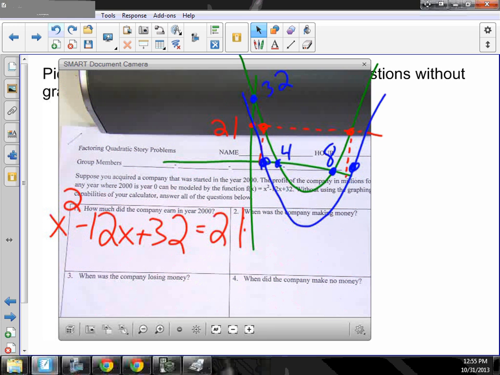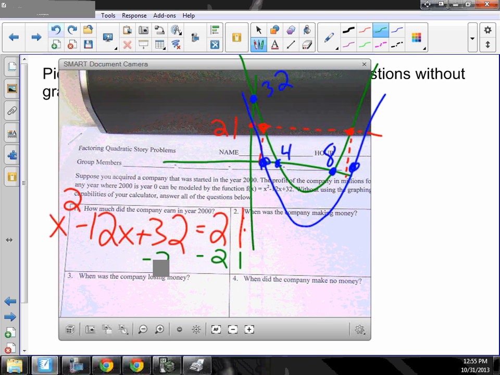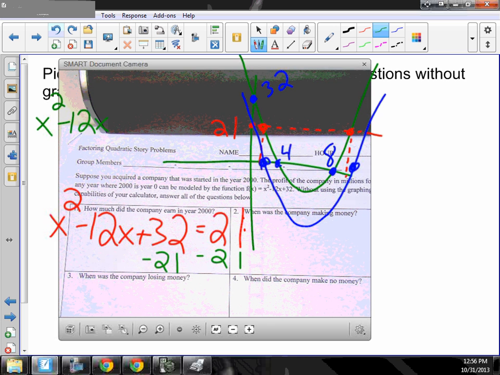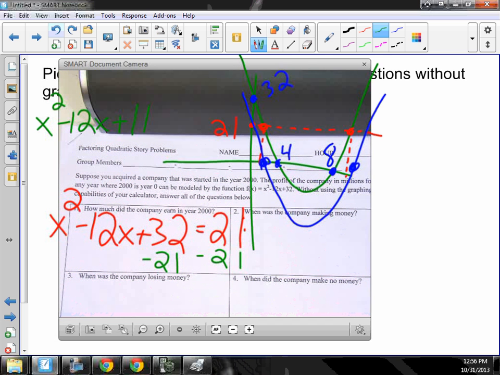How far do I need to pull it down? 21, right? So I'm going to subtract 21 from both sides, and I get x squared minus 12x plus 11. And what does it equal? 0. So really, all you have to do is move everything to one side and get a 0 on the other end, and then you can factor it.